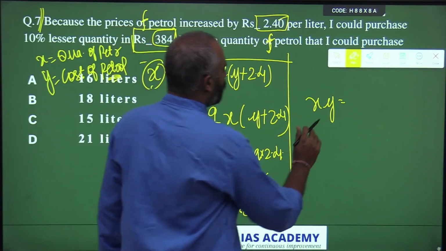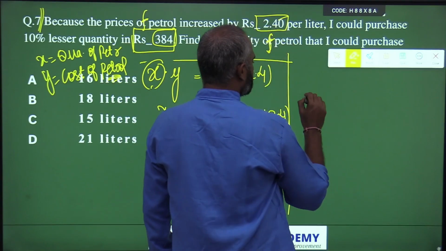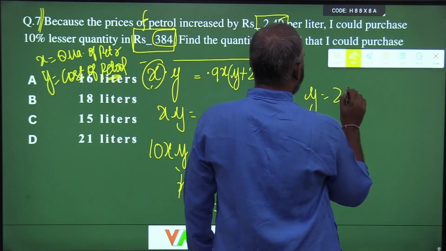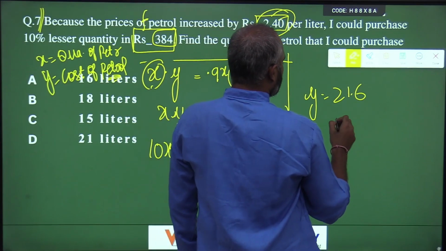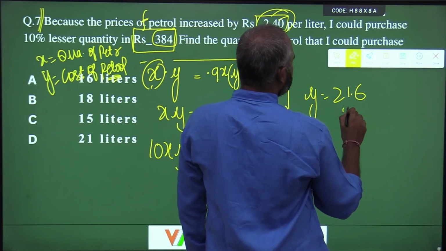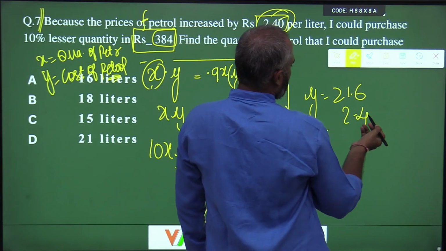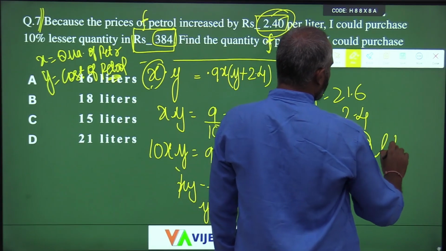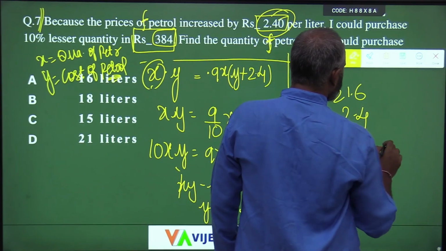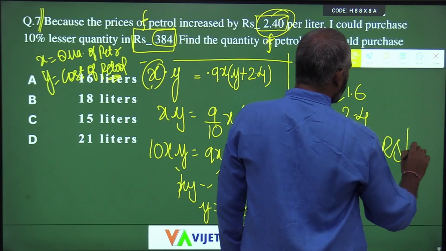That means the old price is 21.6. It has increased by 2.4, so the new price is 21.6 plus 2.4, which is 24 rupees per liter.